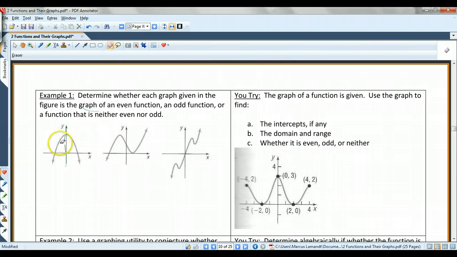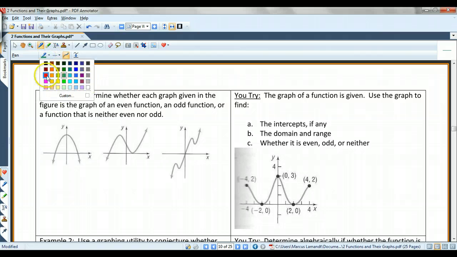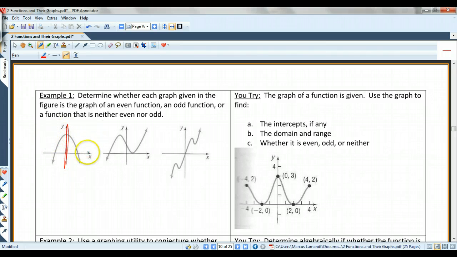Let me change colors here. If you have a mirror image on both sides of the y-axis, you have an even function.